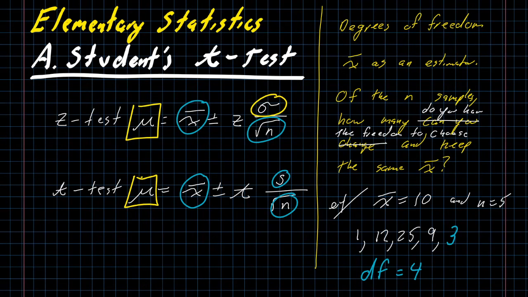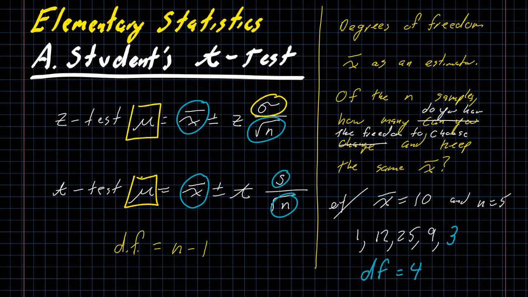For what we are doing right now, using the t-test to use the mean of a sample as an estimator for the mean of a population, it will always be the case that the degrees of freedom is n minus 1.